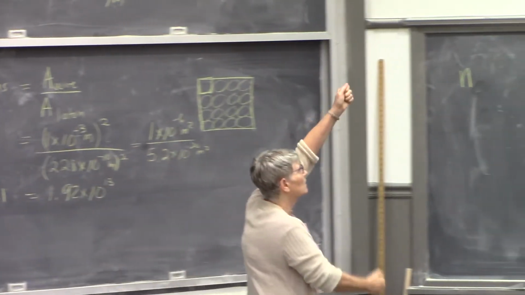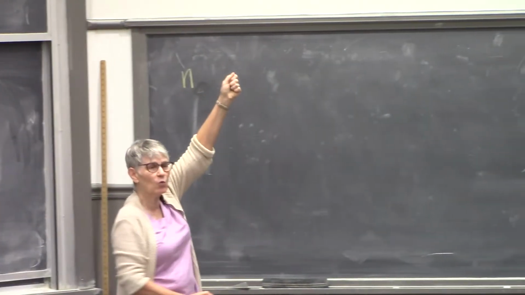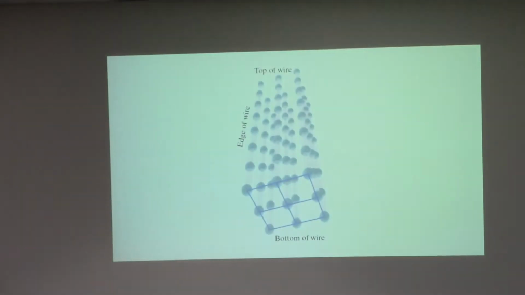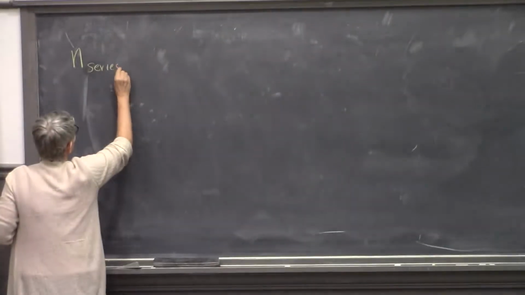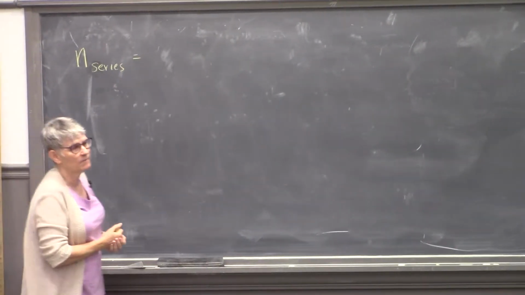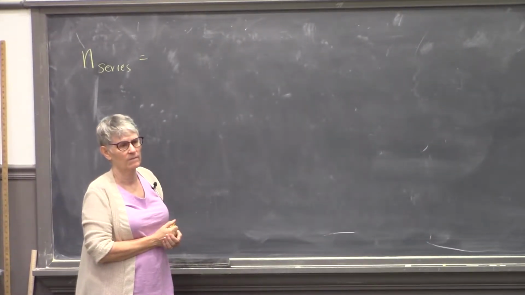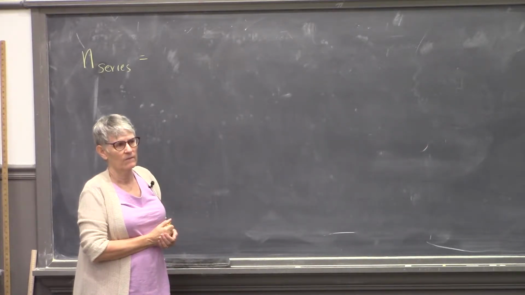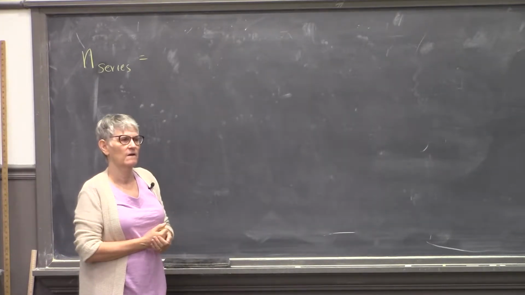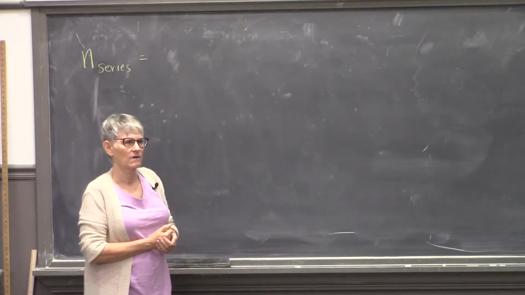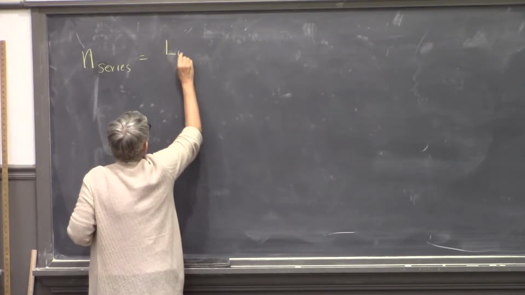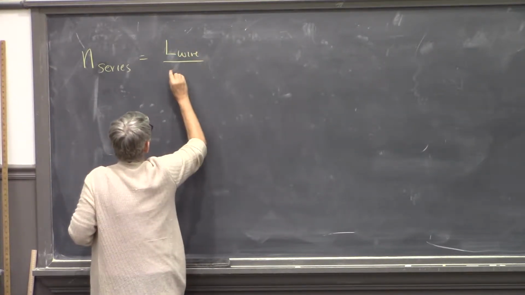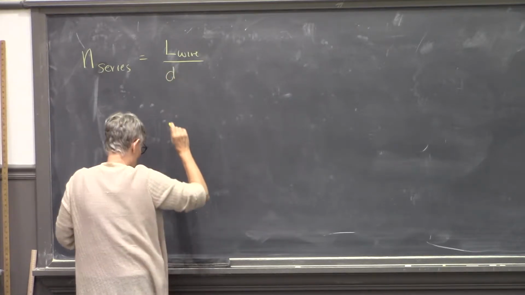The number of springs there are in one chain, right? So we need the number of series. And how are we going to get that? So we know the length of the wire. Yeah, so we know it's just the length of the wire divided by the length of one bond.